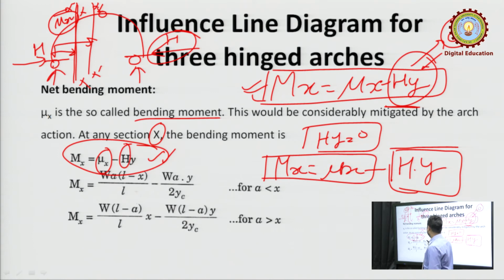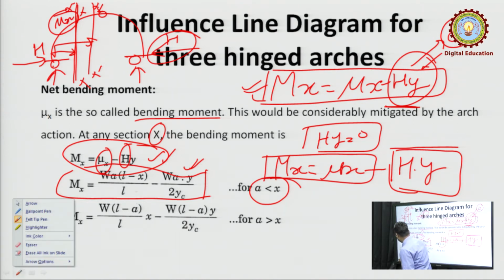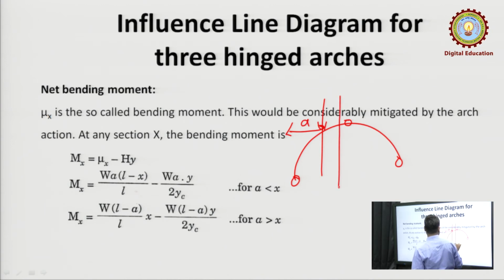Just put the values in this equation and you will get a final equation for when your load is here. This is your load and this is your section XX working at a distance.